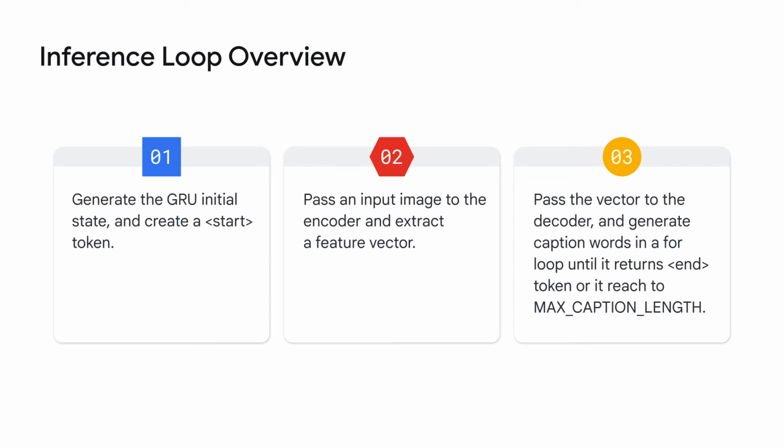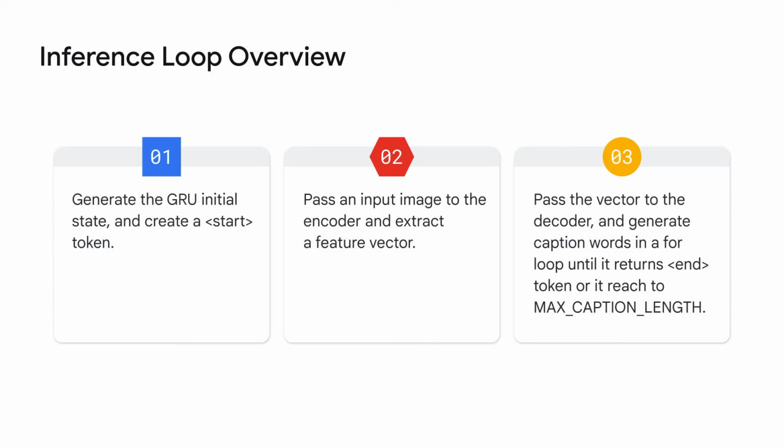Number 2, pass an input image to the encoder and extract the feature vector as we discussed. And number 3, pass the vector to this time decoder and generate a caption word in the for loop until it returns the end token or it reaches the max caption length, which is just a hyperparameter specifying some number like 64.